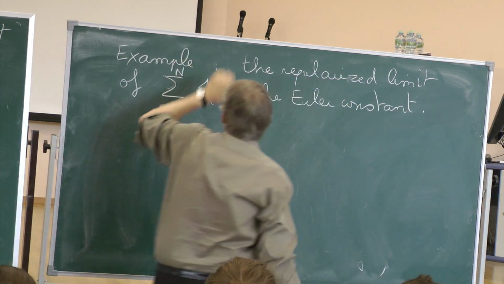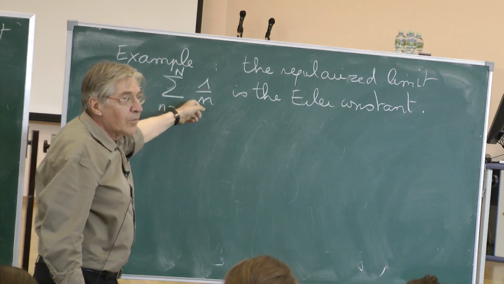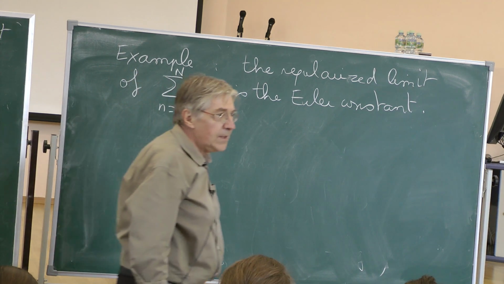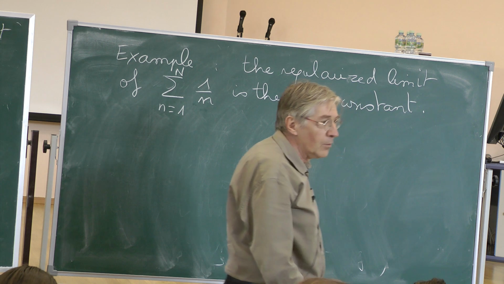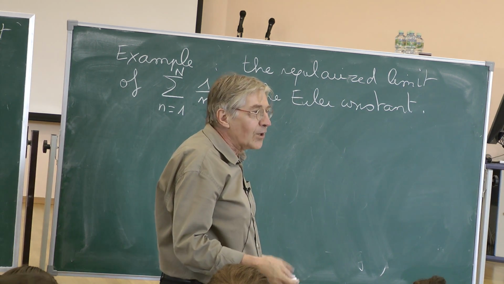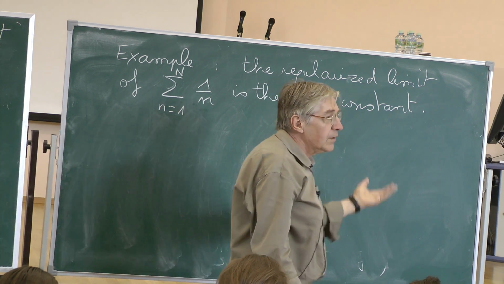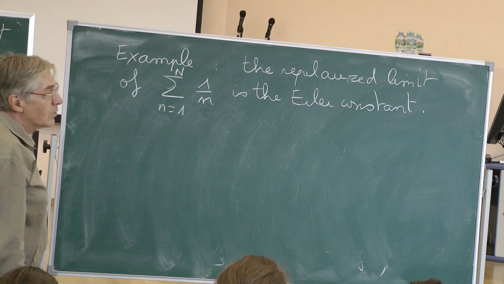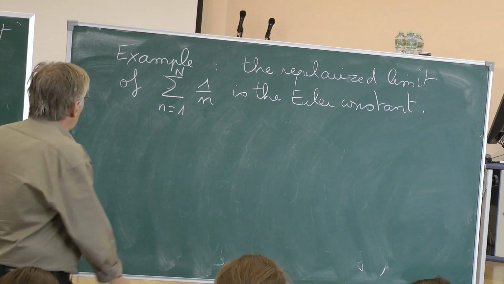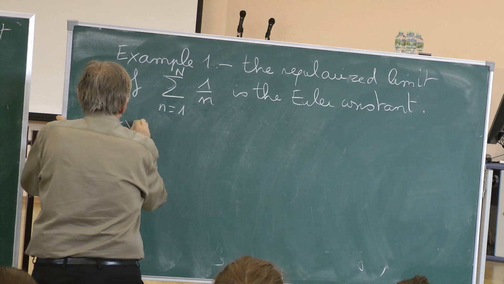Just because you have to ask, can I remove from this thing a polynomial in n, log n, without constant term, so that the limit exists? Indeed, just log N satisfies this property. I remove it, and when I remove it, I just get the value of the Euler constant. This is example 1.